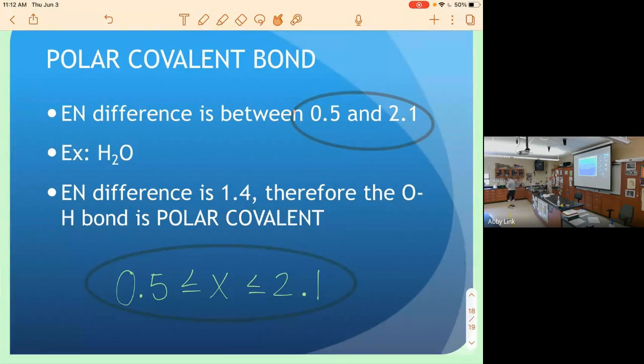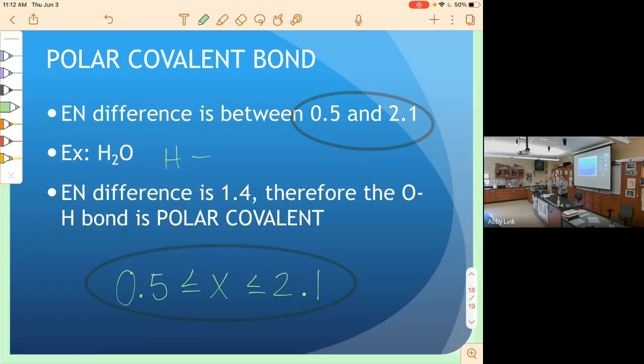Okay. Now, another good question arises here. When you look at H2O, you might be saying, well, Ms. Link, there are 2 hydrogens there. How do I deal with that? You're really only looking at the bond between 1 hydrogen and 1 oxygen. That's what I'm asking you to do here. So oxygen's value is 3.5. Hydrogen's value is 2.1.